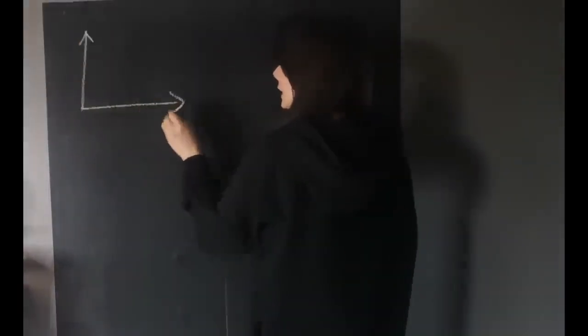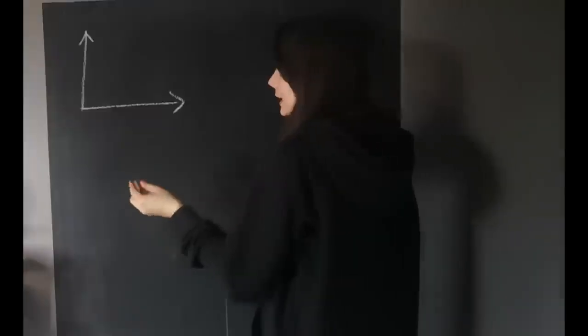When we're talking about the activation function value, the way it will look is, for example, I have 1, 2, 3, and this is 0.